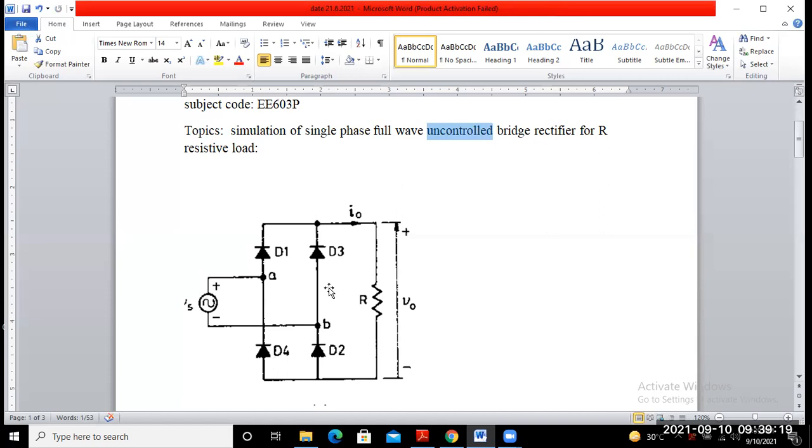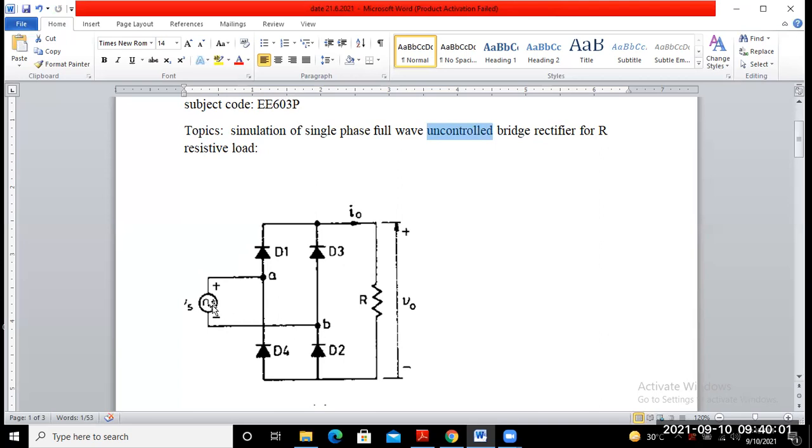Now you may observe from this circuit that in the positive half cycle, diodes D1 and D2 are in forward bias, because the positive terminal is connected to the anode of diode 1, and the negative polarity of the supply voltage is connected to the cathode of diode 2.